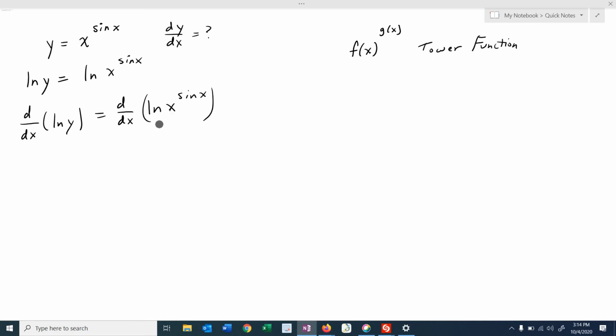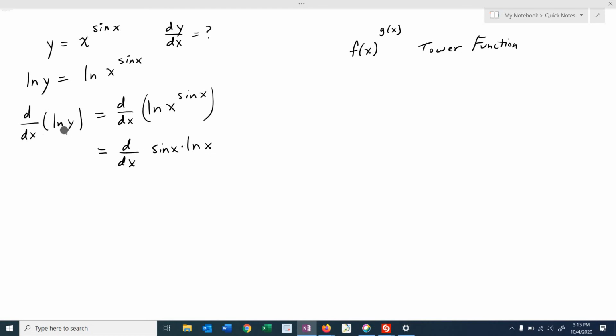Okay, well, why is logarithmic differentiation useful? Well, once I have this natural log on this side, I can take this exponent and multiply it in front. Okay, and then we'll find that derivative in a moment. I'll have to use the product rule to do that.